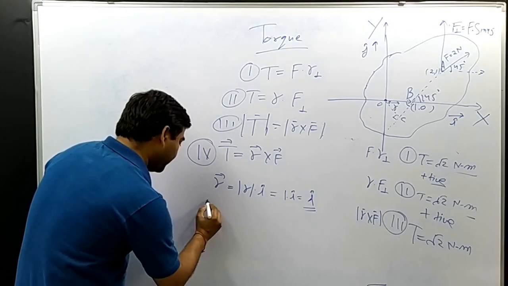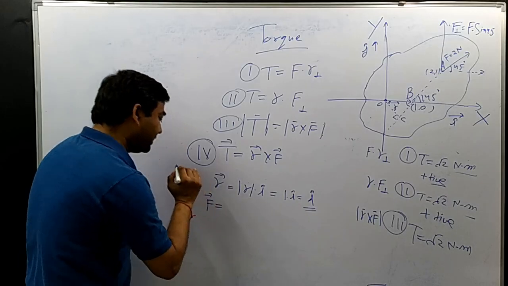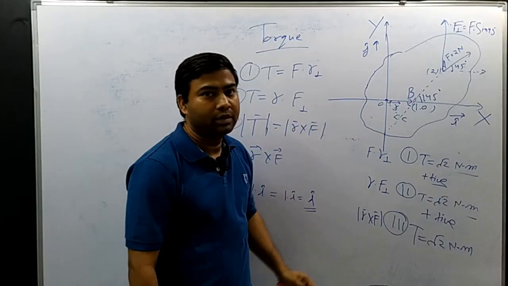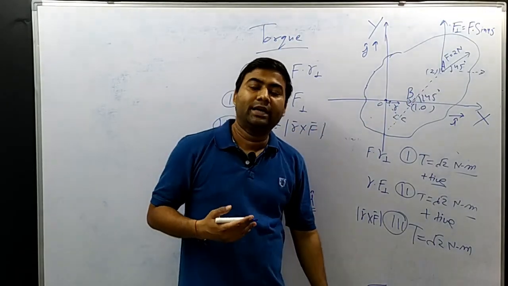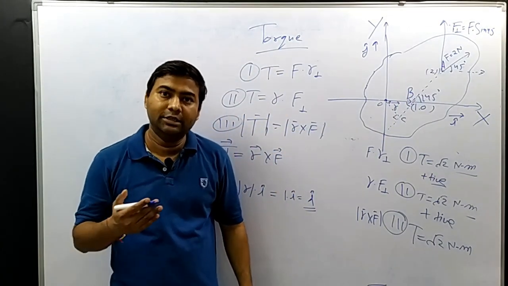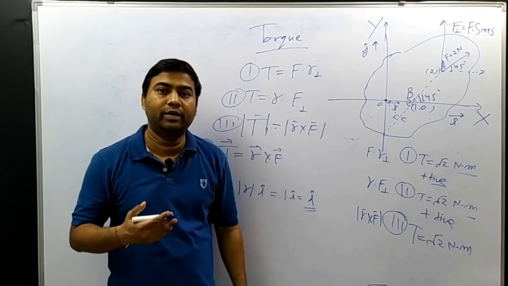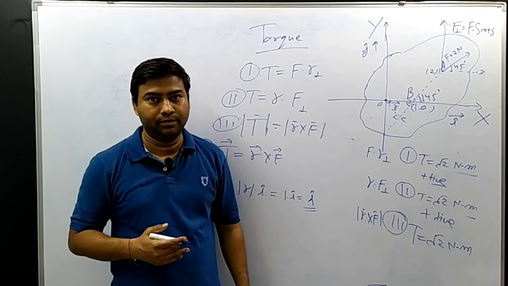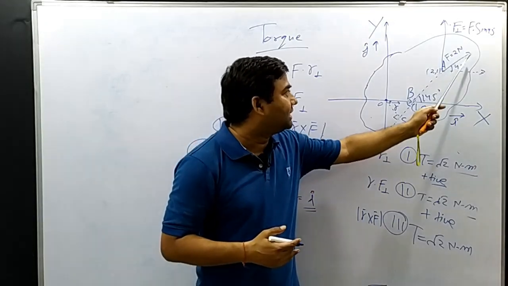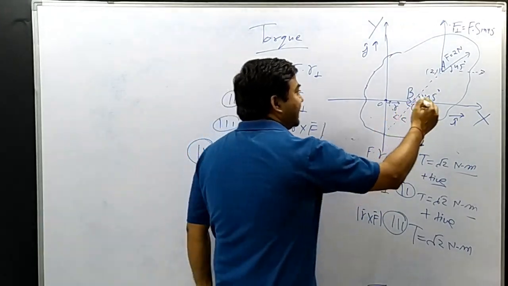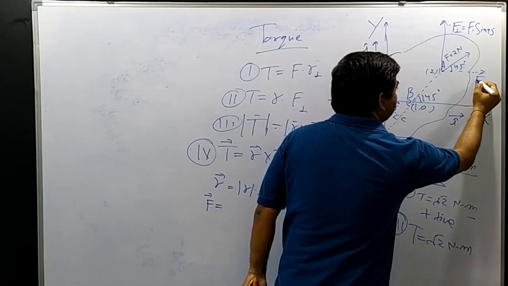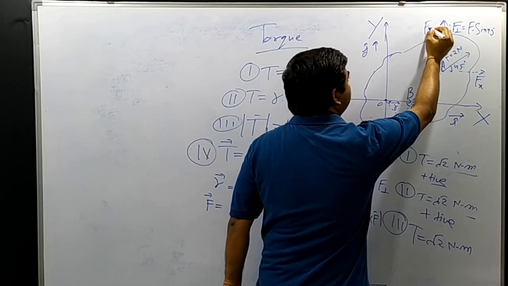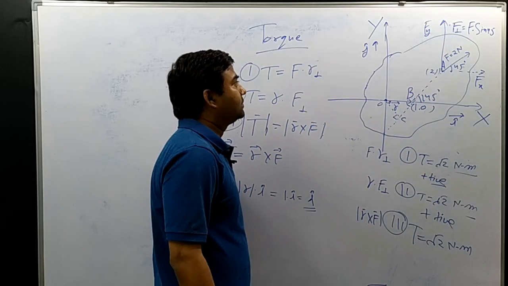Now vector F. This is vector F. To express vector F in terms of vector I and J, we have to find the components of vector F along I and J. That is vector F. Along the x-axis, let the component be Fx. Along the y-axis, let the component be Fy.